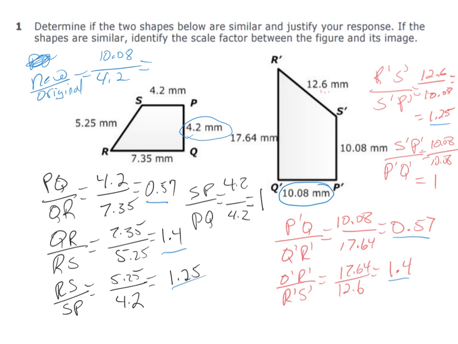So I'm going to use my calculator and do 10.08 divided by 4.2, and I get 2.4. So 2.4 is my scale factor. So this is what we need to do to settle for a 1.